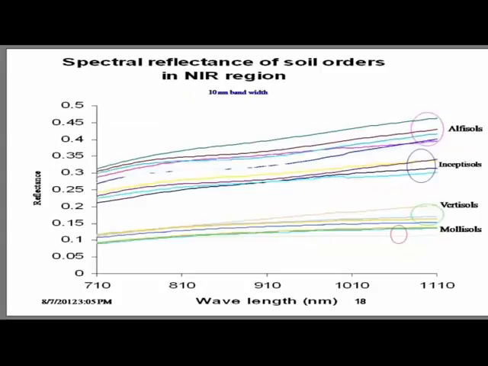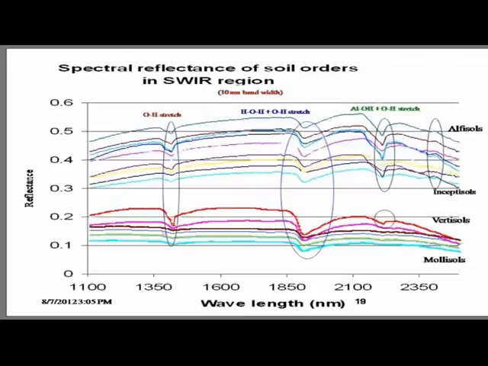Coming back to the near infrared range, from around 700 beyond to 1000 or 1100 nanometers, you are also able to see clusters of spectra differentiating all 4 soil orders, that is alfisols, inceptisols, vertisols, and mollisols. Most interestingly, when you go to SWIR ranges, from 1100 to 2500, we are able to get strong water absorption bands at 1400, 1900 and 2200 nm.